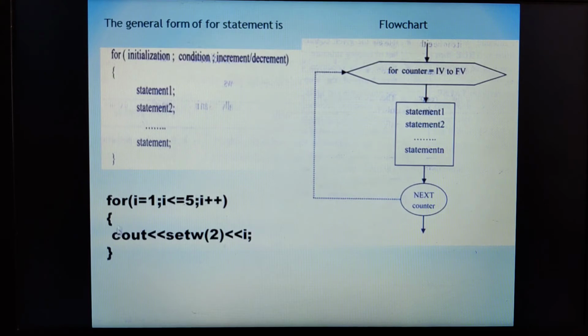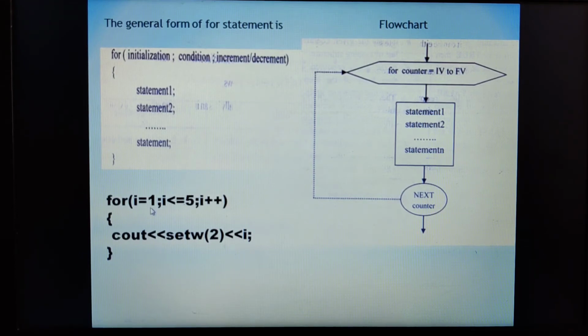Now this entire loop is being controlled by the variable i: its initialization, when it should terminate, and how i has to be incremented. Everything is controlled by this variable i. Therefore, I can refer to i as a counter variable, or you can even call it a control variable.